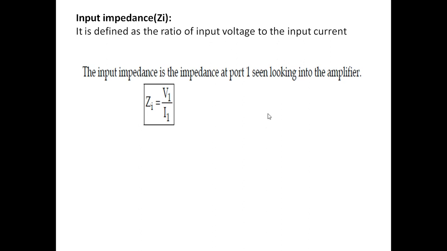If an AC signal is applied, then the measured resistance quantity is impedance. This is the basic difference between resistance and impedance. Therefore, most of the time, resistance may also be called impedance and impedance may also be called resistance. So the input resistance or input impedance is defined as the ratio of input voltage to the input current. Here, the input voltage is V1, input current is I1, Zi is equal to V1 by I1.